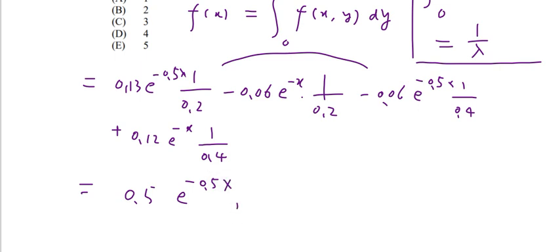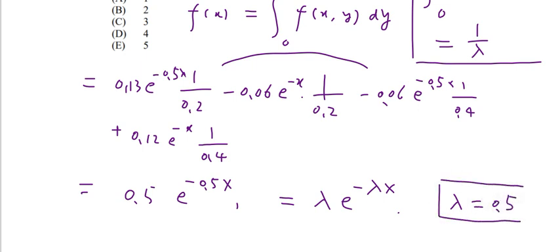So this follows an exponential distribution, with lambda equal to 0.5, right?